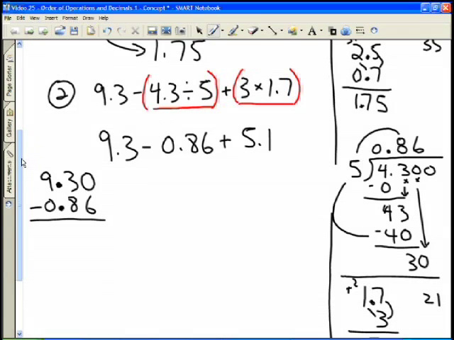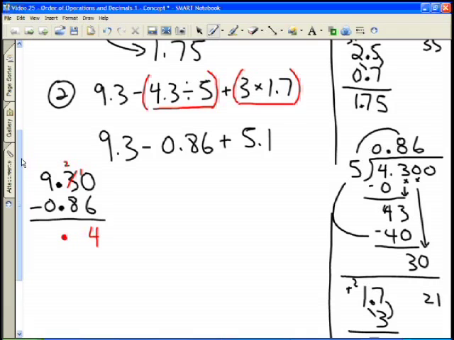And you see 0 minus 6, can't do it, so I need to borrow from the column to the left. I'll do that in red. My 3 becomes a 2, and my 0 becomes a 10. Now, 10 minus 6 is 4. And now I run into the same problem. I'll put my decimal point here. Here, 2 minus 8, I can't do.